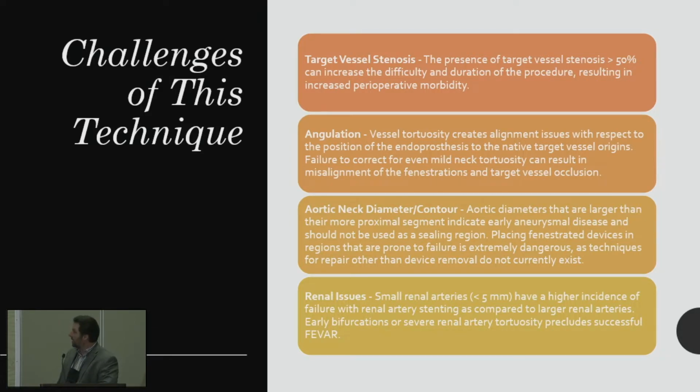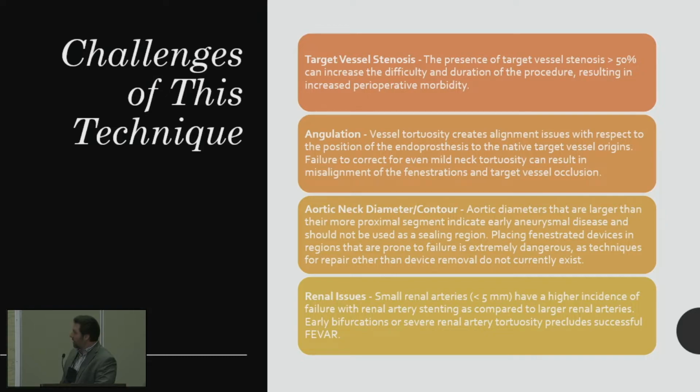And as it talks about, the misalignment of these fenestrations or these holes can create target vessel occlusion. So it's really important to try and get everything lined up the best we can. And when we're looking before a patient has intervention, that's something that we might note. The aorta is tortuous, or even the origin of the renal arteries, things like that, because it can make a difference on what they can put in.